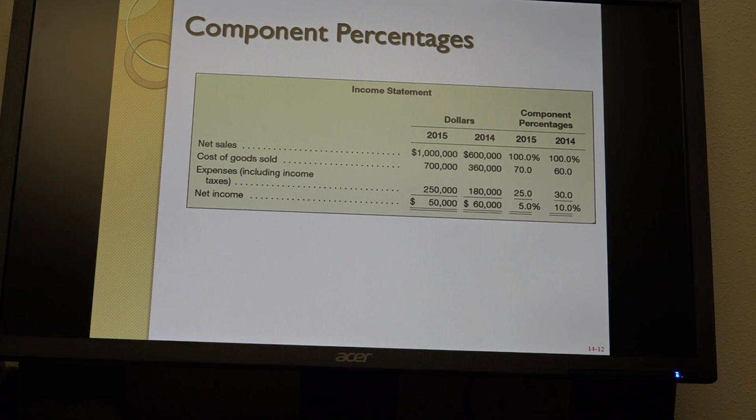So here, what we have is an income statement, and your base is net sales, your revenues. So that's your 100%. And then you're going to compare all the other components of the income statement with that base. Looking at 2015, cost of goods sold is 70% of net sales, expenses are 25% of net sales, and net income is 5% of net sales. So that's how you read that.